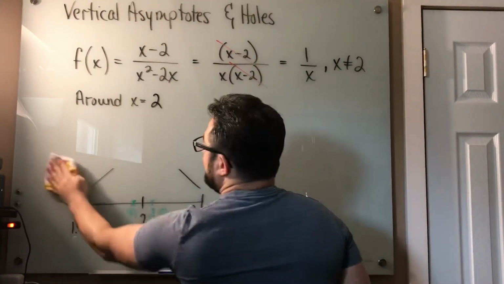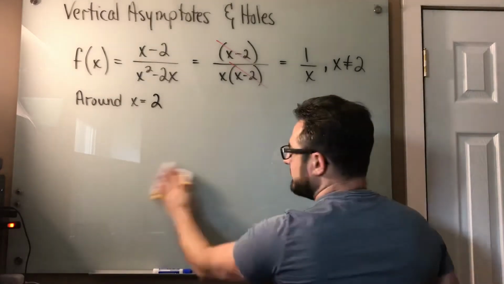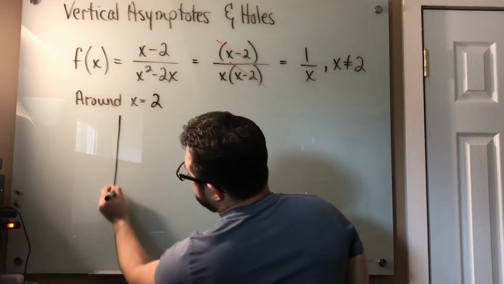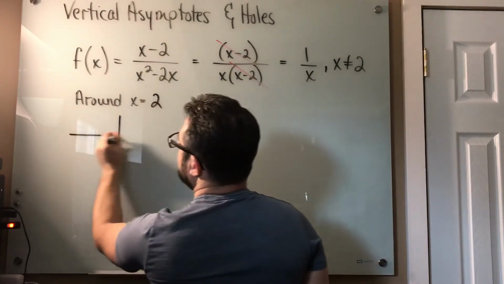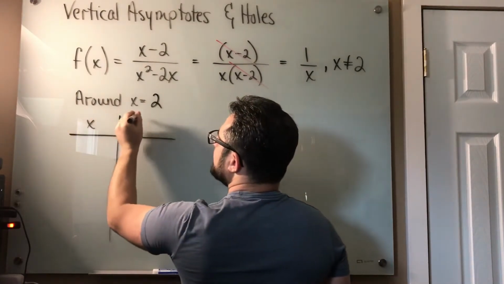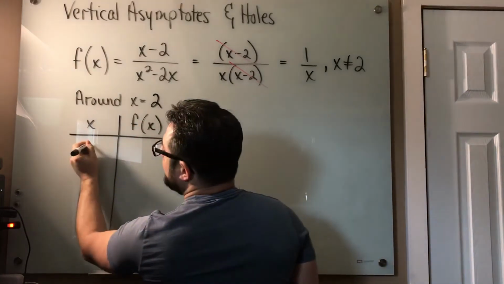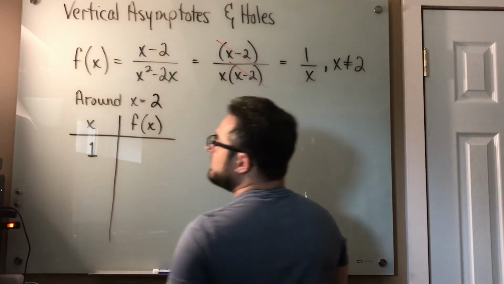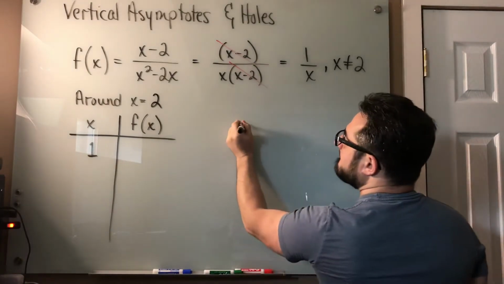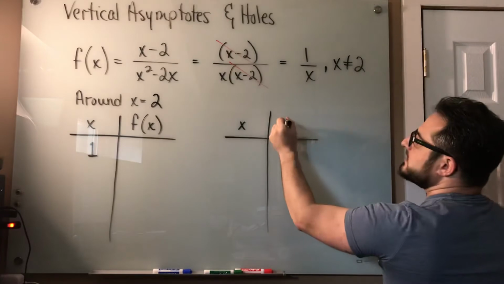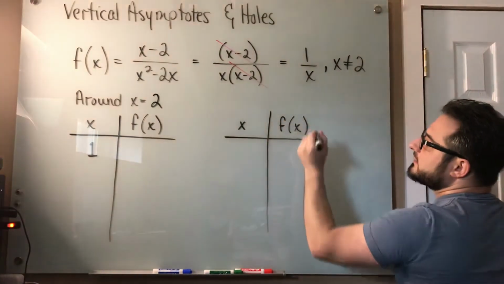So we can now start populating our tables. So again, we're going to have a table with the x value and the output value as we approach 2 on the left side, and again over here as we come at it from the right side.